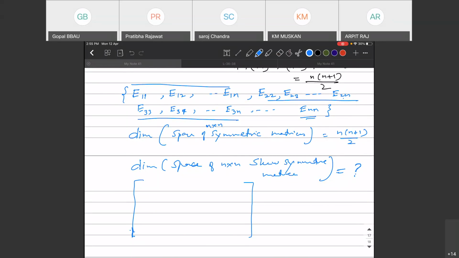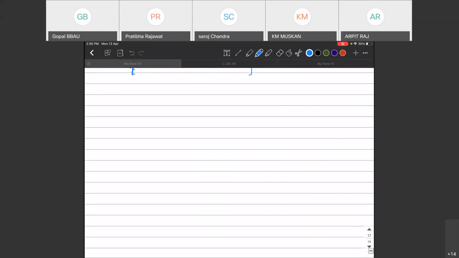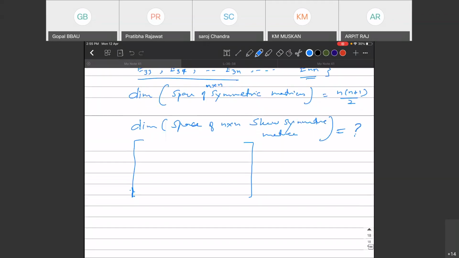What is the definition of a skew symmetric matrix? Any square matrix is said to be skew symmetric if its transpose is equal to minus of that matrix.